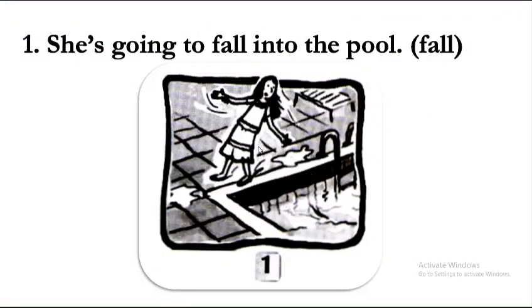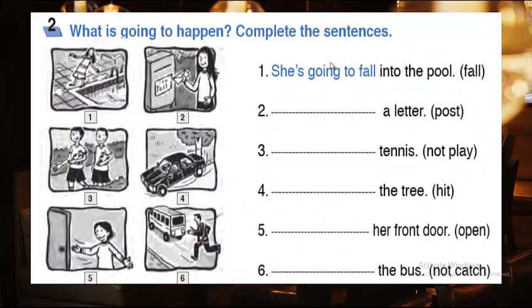Look at the first picture and try to form a sentence using going to. Number 1, she is going to fall into the pool. Sentence number 2. Look at exercise number 2, my dear students, and tell us what is going to happen.